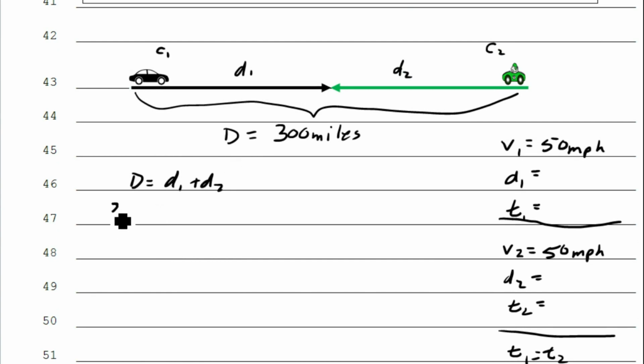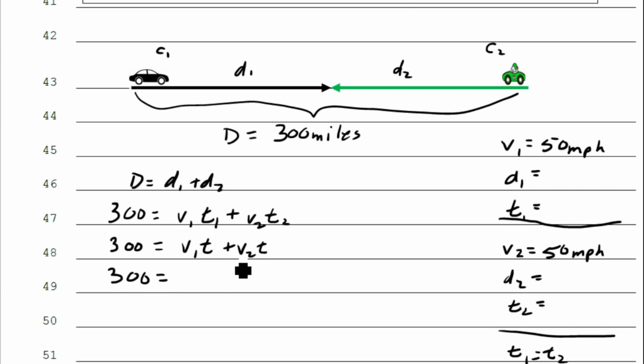D we're given 300. D1 is V1 T1 plus V2 T2. And since T1 equals T2, you can just use a generic T without the subscripts because it's the same numerical value. So you'll have 300 equals V1 T plus V2 T.